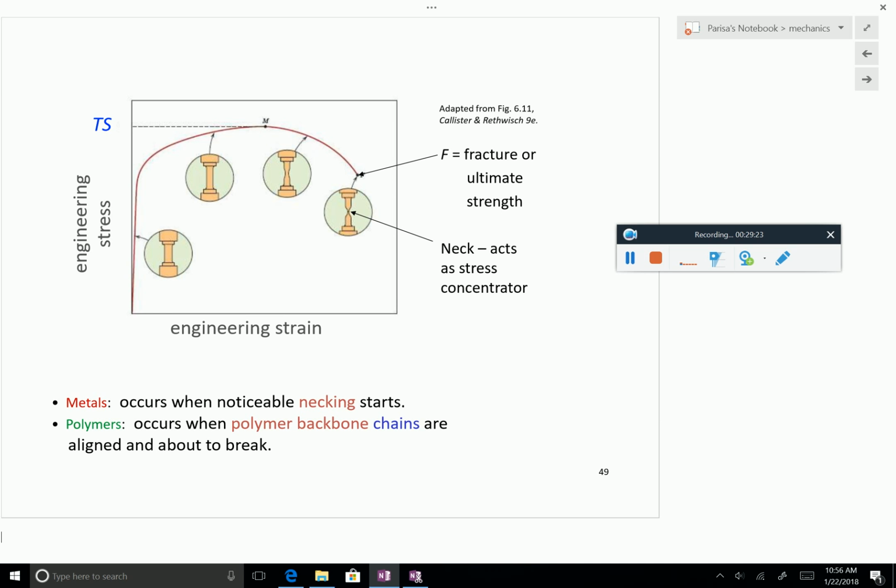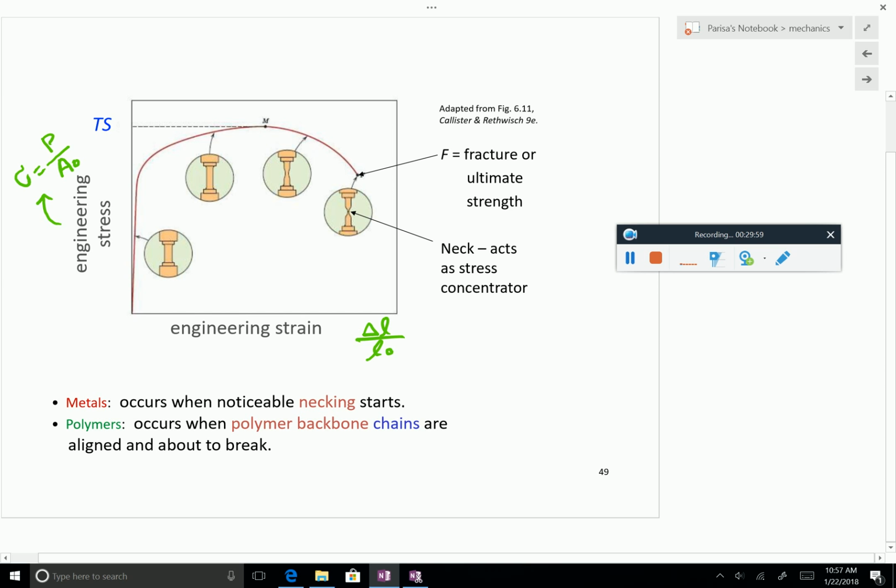For metals, if you plot engineering stress, and I want to remind you that this is when we divide the load by the original cross-sectional area and not the actual cross-sectional area, versus engineering strain, which is also change of length divided by the original length, the shape looks something like that.